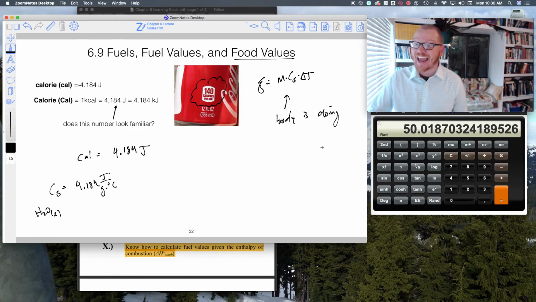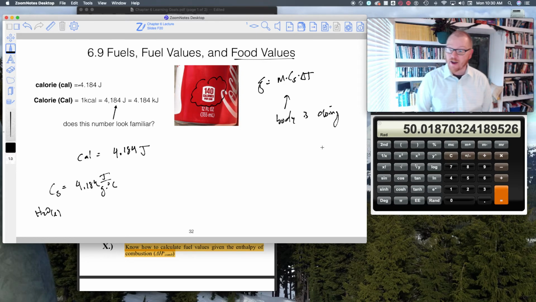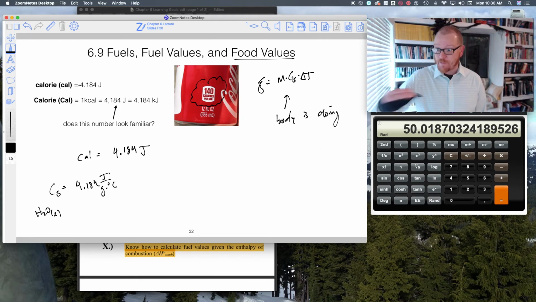It's maintaining some type of temperature, right? It's keeping your body warm. It's keeping your body much warmer than the surroundings, right? If you think about this system versus surroundings, if you're the system, you're about 37.5 degrees Celsius, but the surroundings are like 25 degrees Celsius. So that's a huge temperature difference that your body has to maintain.